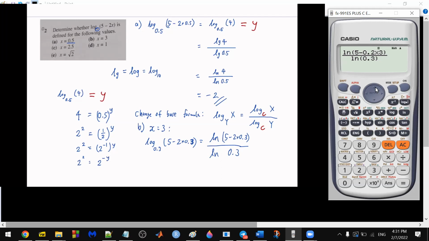Okay. Sorry, I made a mistake here. It should be 2 times 0.3. And isn't it the same thing? Oh, right. It's actually the same thing. Okay, yes, you're correct. Because I just have to divide by 10 on either guy. Then we'll eventually get the answer. Negative 1.23.